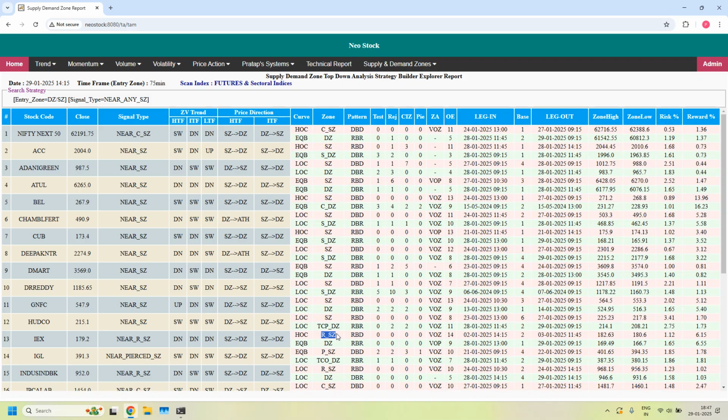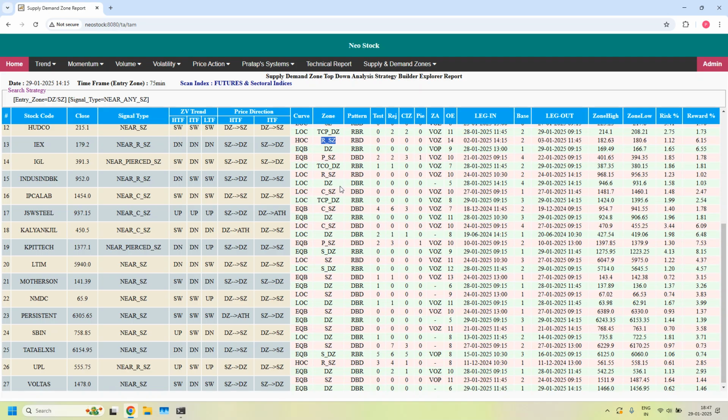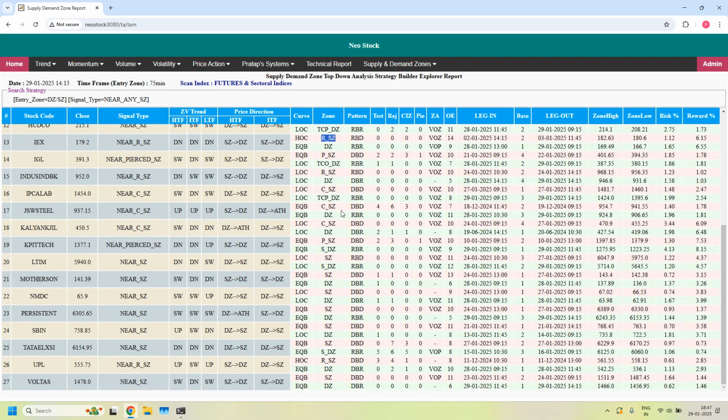IEX is having a high liquidity zone. IndusInd Bank is having a high liquidity zone. IPCA Labs is having a high liquidity zone.